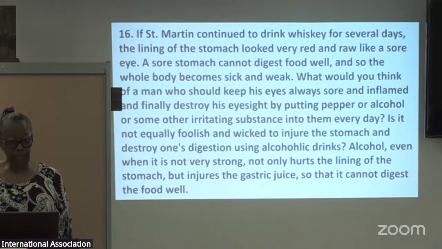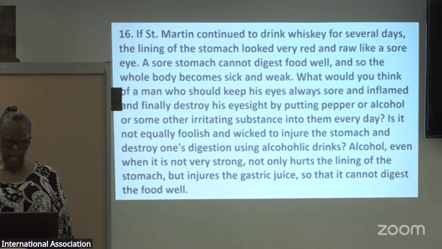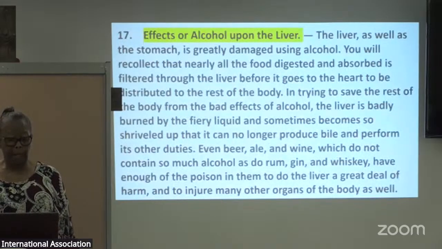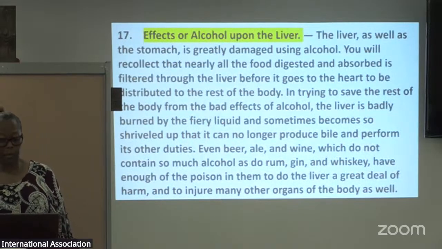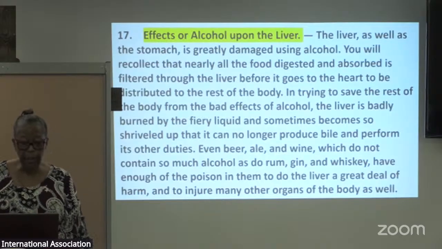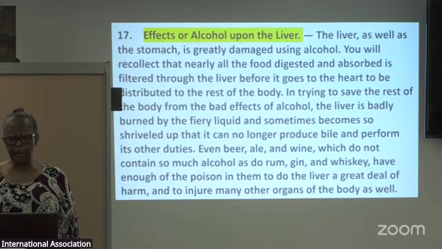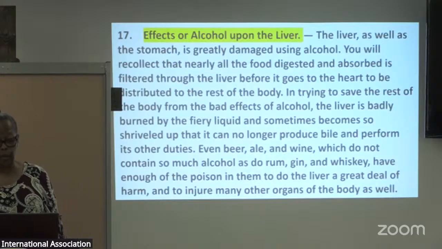Alcohol, even when it is not very strong, not only hurts the lining of the stomach, but injures the gastric juices so that it cannot digest food well. The effects upon the liver. The liver, as well as the stomach, is greatly damaged by using alcohol.